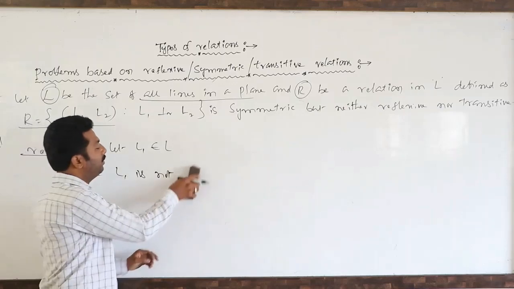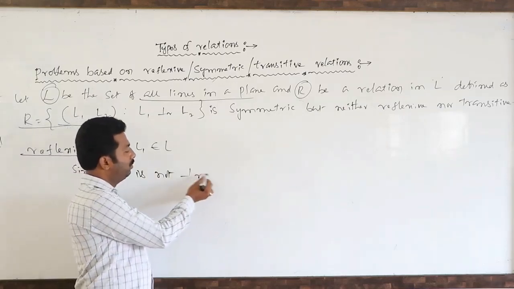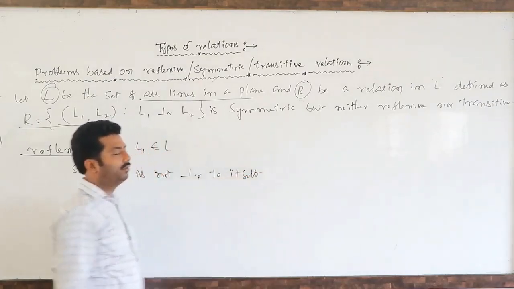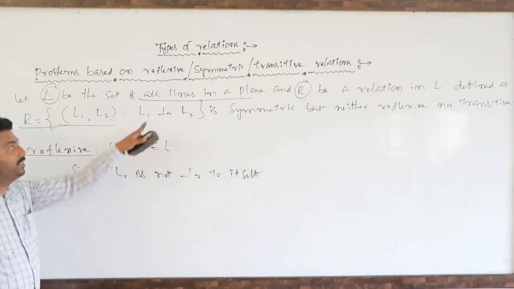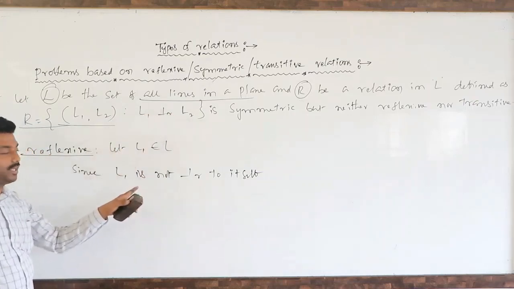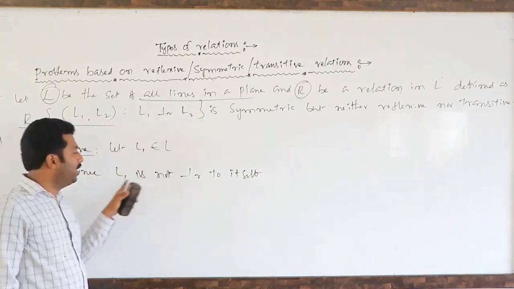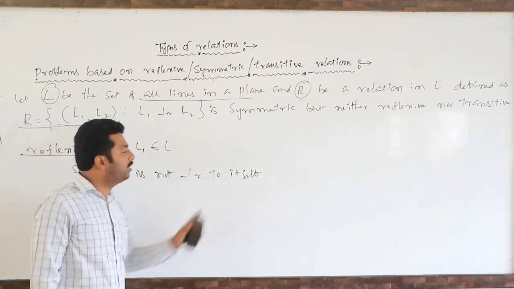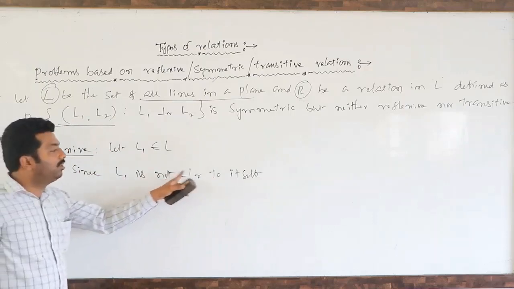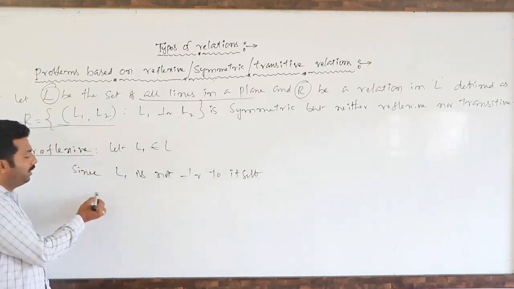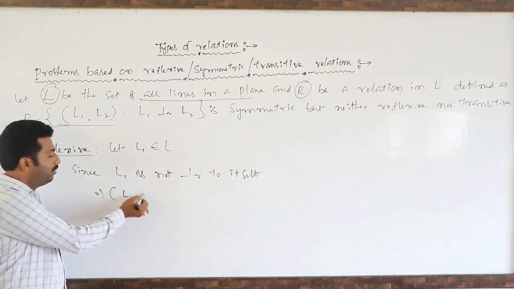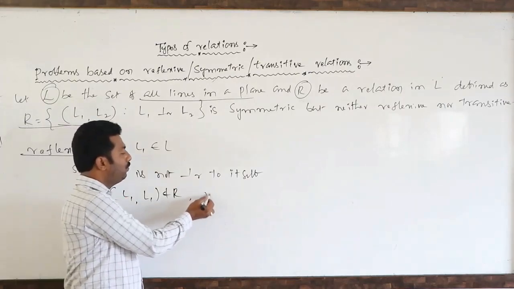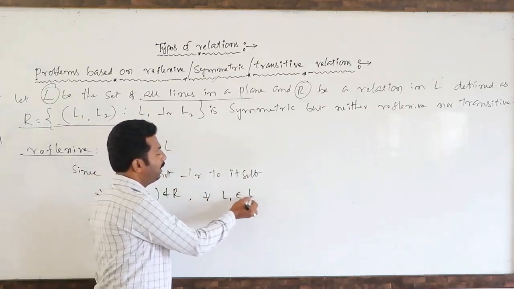Suppose the parallel condition is there, L1 is parallel to itself, that is correct. But with perpendicularity, if you take one line, the line cannot be perpendicular to itself. So L1 is not perpendicular to itself, which means L1 comma L1 does not belong to capital R. This is true for every line in capital L.